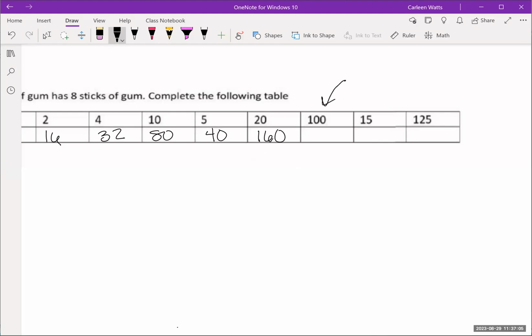How about 100? 160 times 5, or what would be the easiest way to get 100? 80 times 10. Add a 0. Multiply 80 times 10.